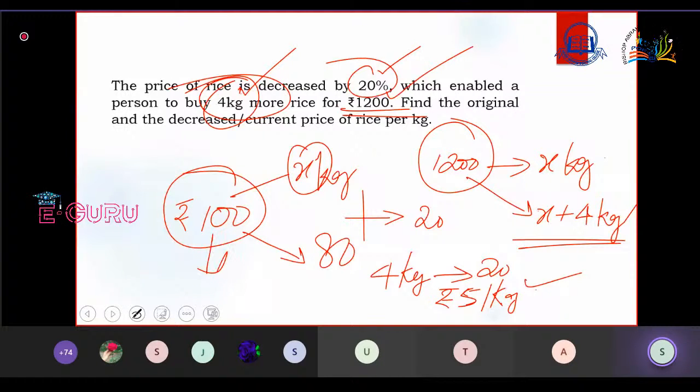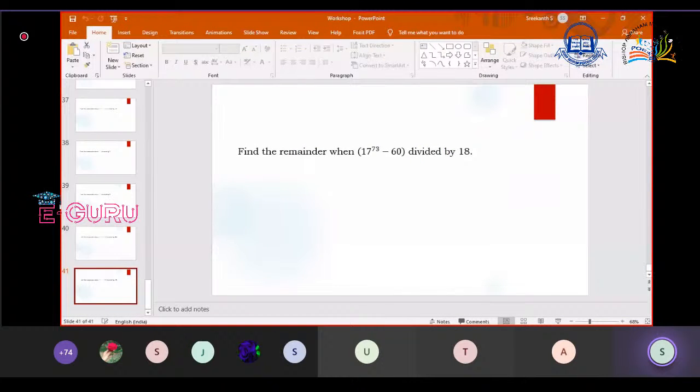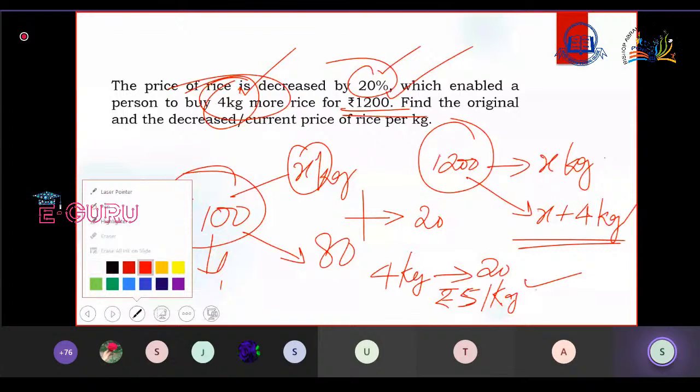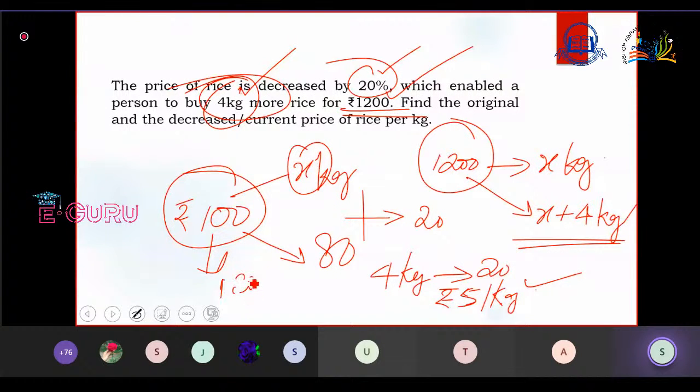But the actual price is 1200, which is 12 times more than the assumed value, because our assumed value is 100 and the original amount is 12 times that.